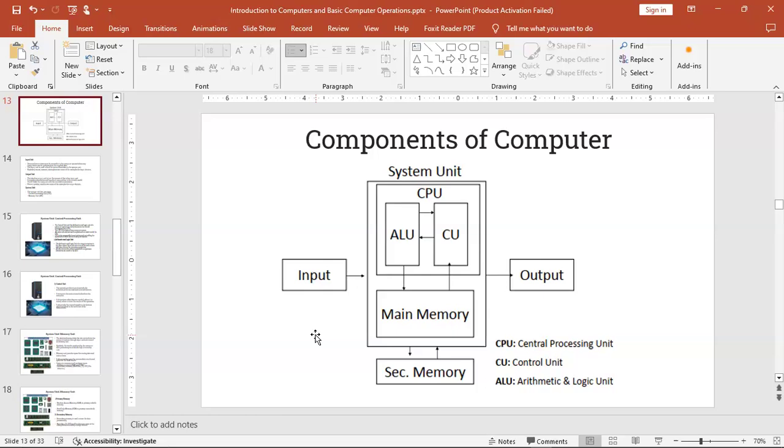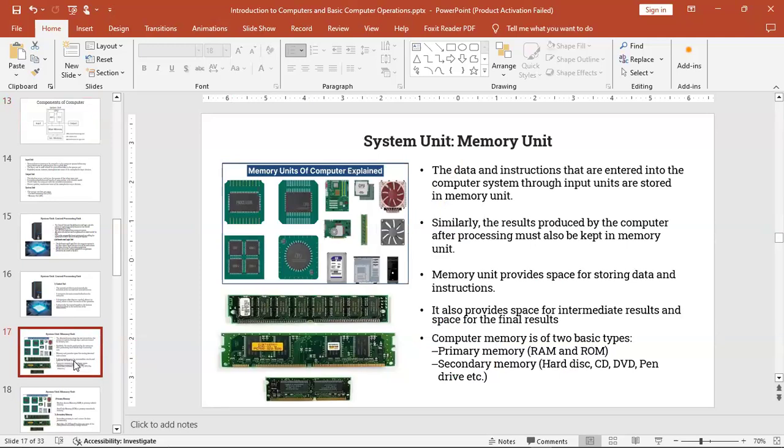The CPU is further divided into two other components: the ALU, also known as the arithmetic logic unit, and the CU, also known as the control unit. The main memory is for either temporary storage or permanent storage.